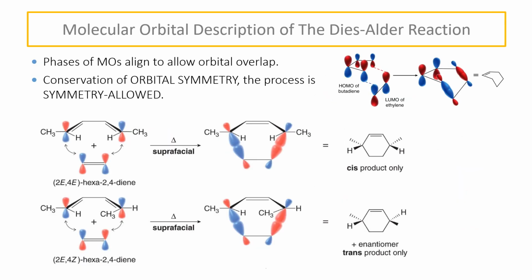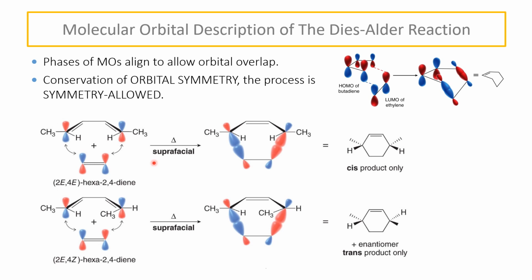Herein, you can see with this molecular orbital treatise, we now see why the diene has to adopt an s-cis conformation so that the click can happen. And we also see why we have this stereochemical outcome because of the suprafacial addition.